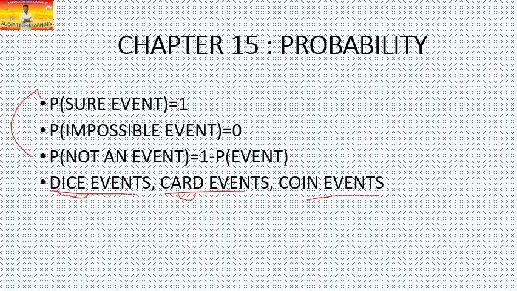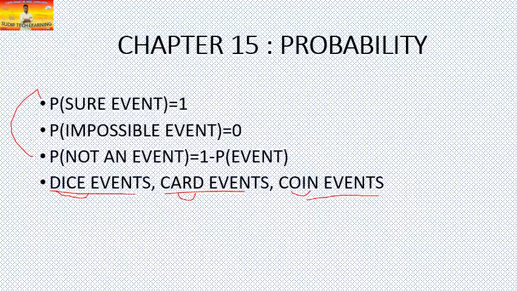So these are some of the basic things that you have to know. Then you have to know the names of the cards, like spade, diamond. Then again you have to know king, jack. Okay, then only you can solve. If you don't know what cards consist of, then you cannot solve.